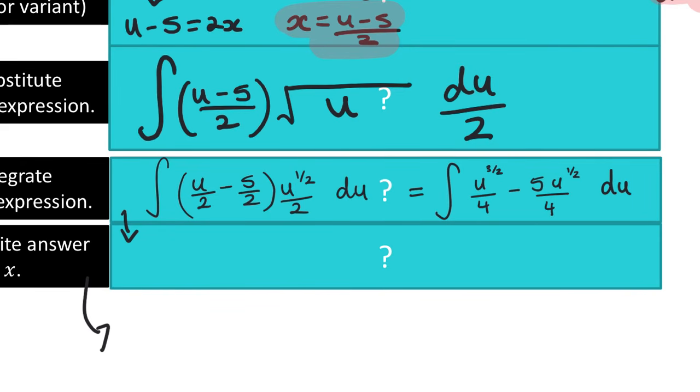So what do we do? Increase the power by 1. What does this mean? 5 over 2. Divide by the new power, so a quarter divided by 5 over 2.